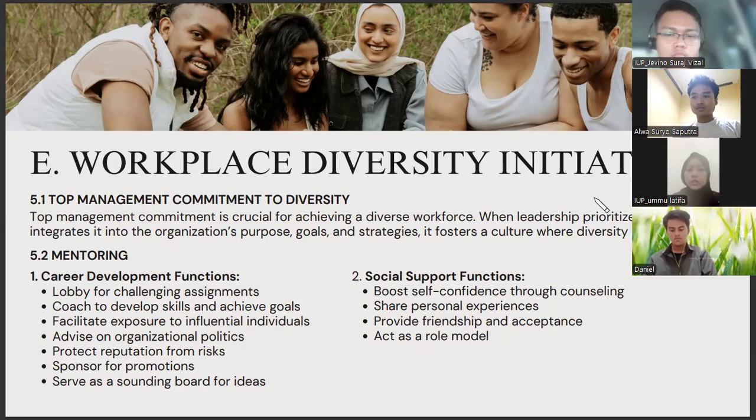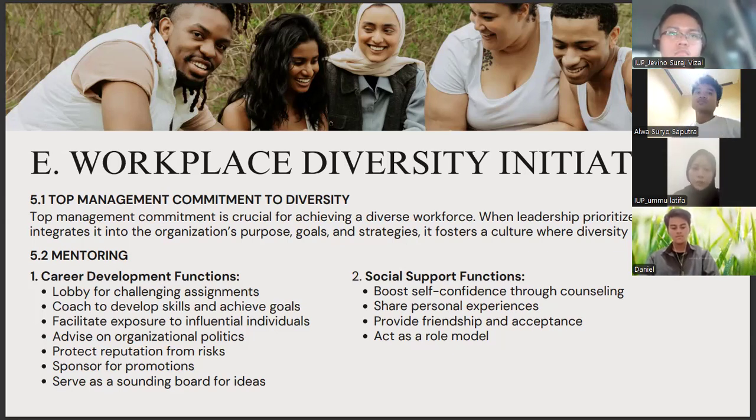This includes designing reward systems that reflect diversity objectives, addressing grievances promptly, and ensuring that individual performance is evaluated based on diversity accomplishment. Without genuine commitment from the top, diversity initiatives may receive only superficial support, hindering their effectiveness throughout the organization.